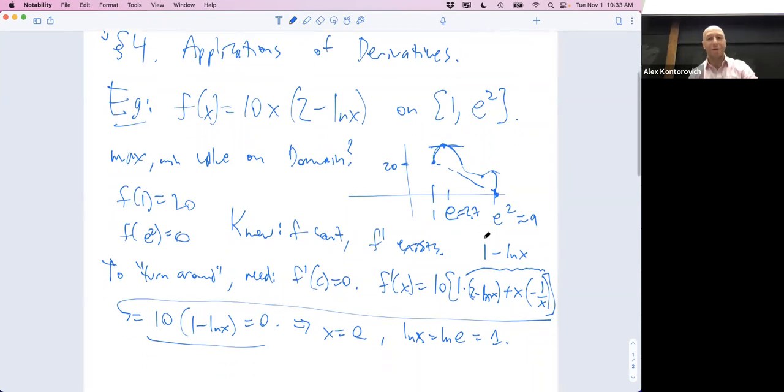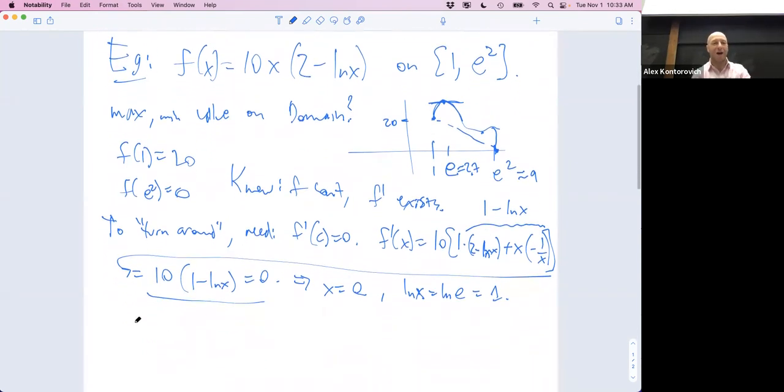So actually now we can really give a pretty honest graph. So here's a pretty honest graph of our function. We know that it starts at 1 at height 20. We know that it has a local maximum, as we'll discuss exactly what that means in a second. We know at e squared, it goes down to 0. At e, what's the value of this thing at e? f of e.